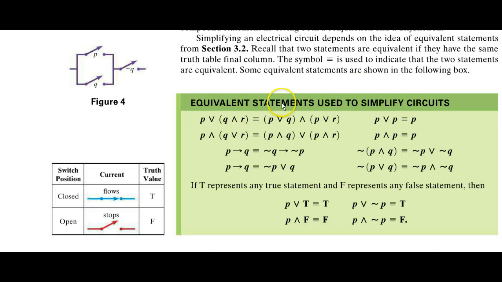So they are using the equivalent statements of symbolism to simplify circuits. Remember, when it's closed, it functions. When it's open, it doesn't. So open is false, closed is true.